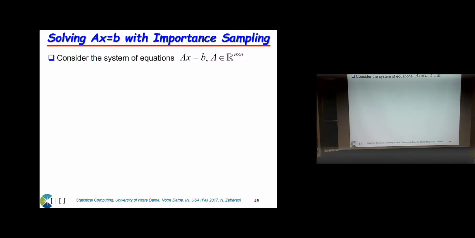For example, if you look at Ax equal b, and x is a million dimensional vector, and you say I'm only interested in x 1000, the component 1000, not everything. Do you know any method that will only compute one of the x's, not the rest? I can think of lots of problems where you are only interested in some components, not all of them. So how do we do this with Monte Carlo?